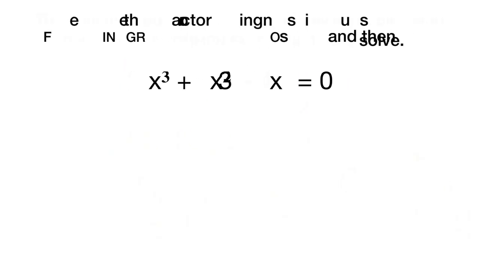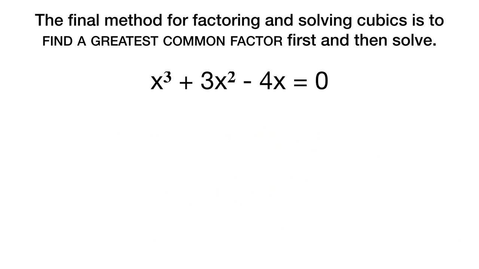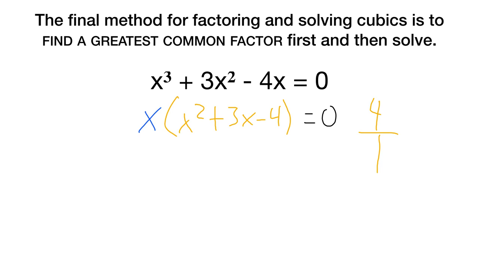So, final method for factoring and solving cubes is to find the greatest common factor, then solve. So if we did this, greatest common factor between these is x. That becomes x times x squared plus 3x minus 4 equals 0. So let's see, our factors of 4 are going to be, in this case, 1 and 4.